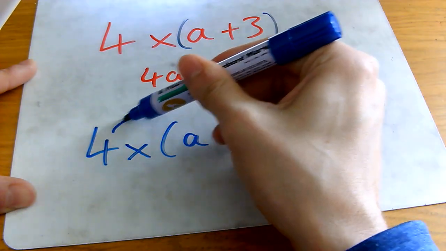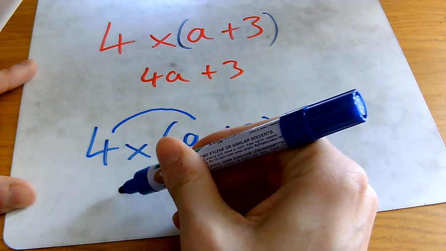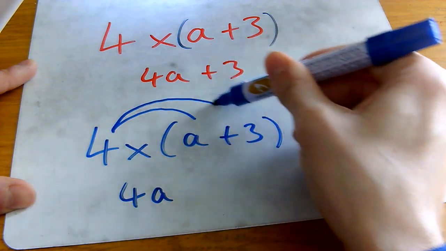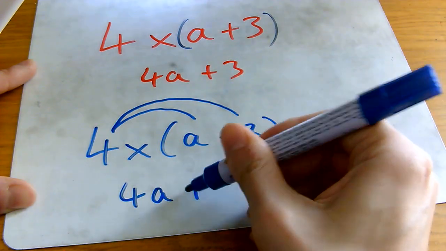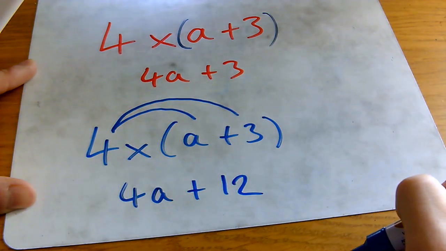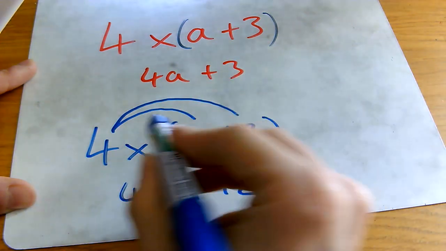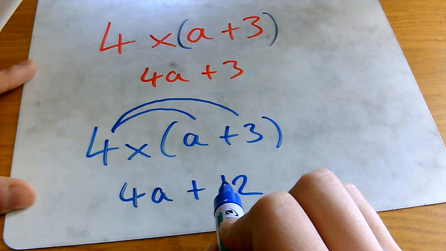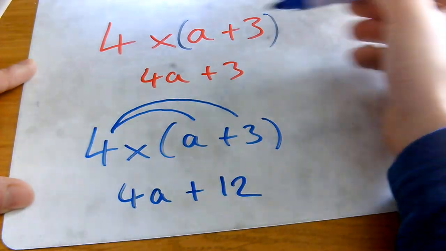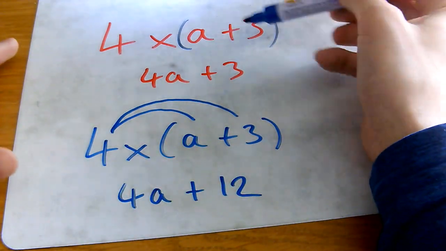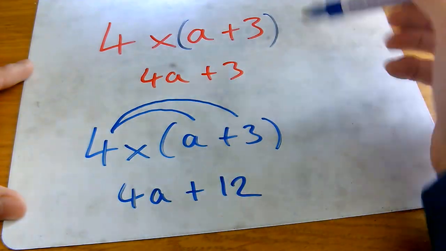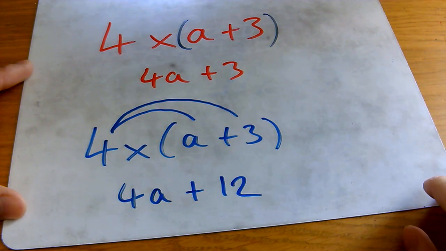So we're going to draw a line from 4 to A and multiply that, so you get 4A, and also 4 multiplied by 3, which gives you the 12. You get this quite a nice little claw looking effect here if you do that properly. Normally in BIDMAS we try and do the brackets first, but you can't really do A plus 3. There's no way to actually calculate that. So in this case we have to multiply out like this.